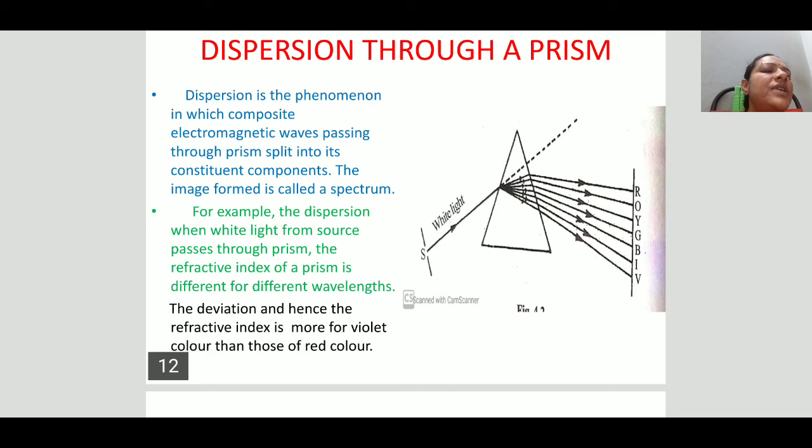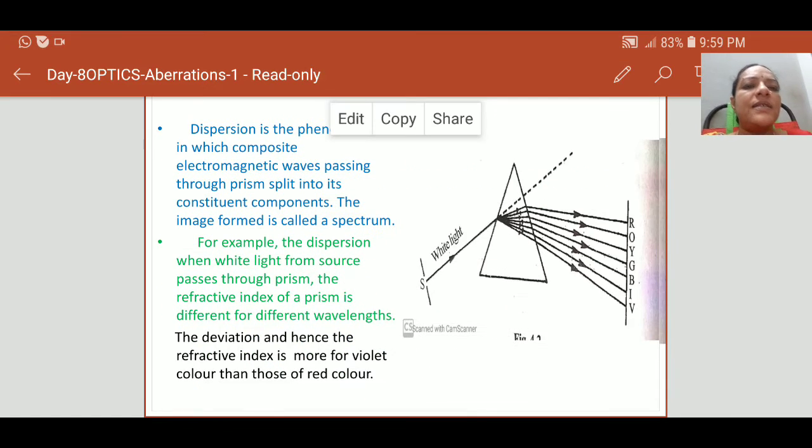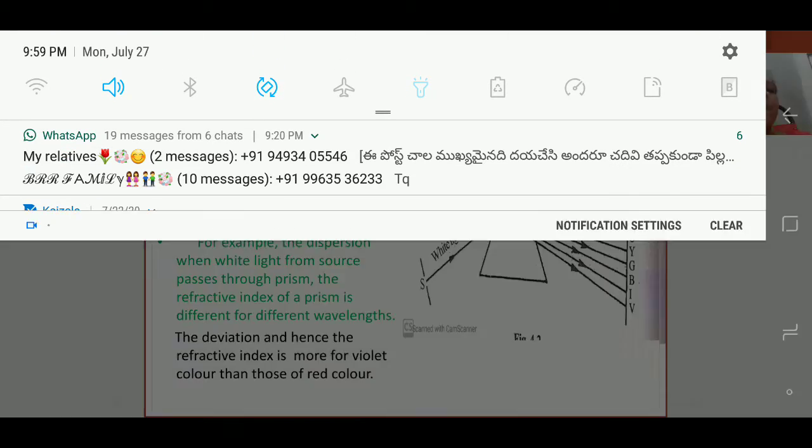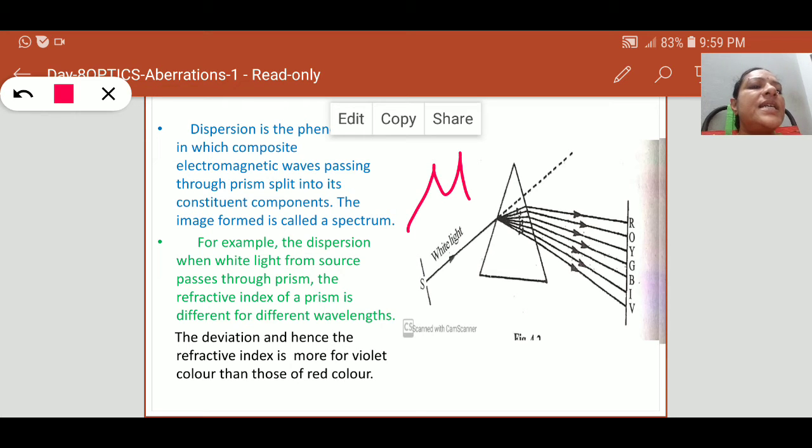Here, why are we getting these different colors? The refractive index changes with the wavelength. That is, the refractive index depends upon the wavelength of the color, and different colors have different wavelengths.